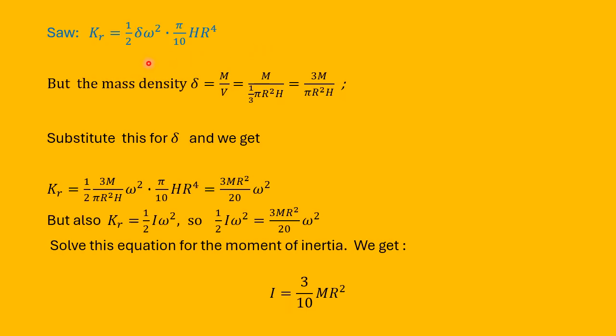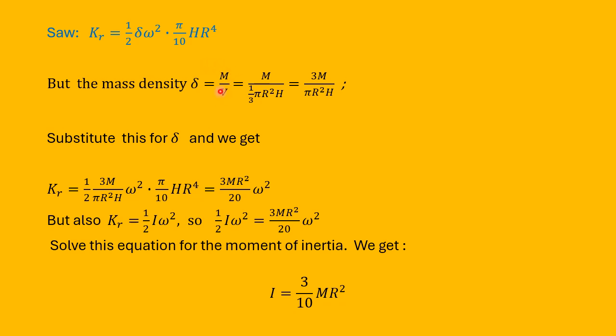So now it's time to find the moment of inertia I. So far we have that the kinetic energy of rotation for that cone is equal to this, but let's remember that we know something about delta here. Delta is going to be the mass of the cone divided by the volume of the cone.